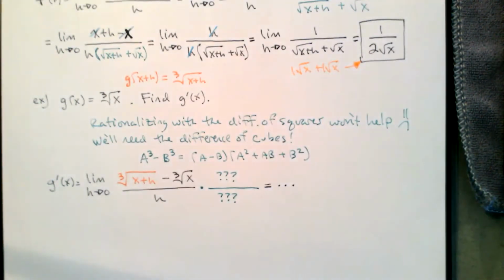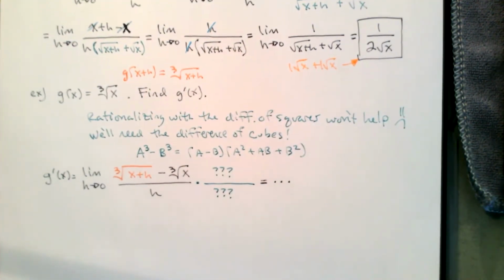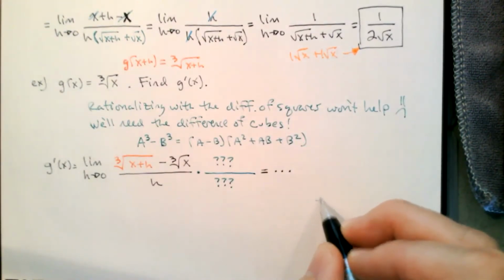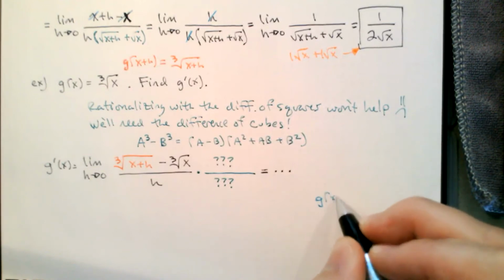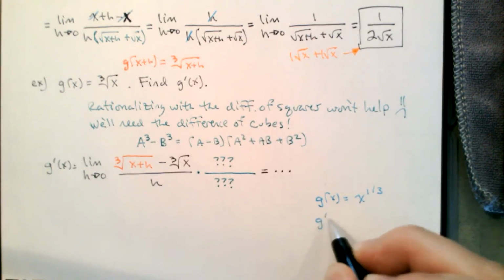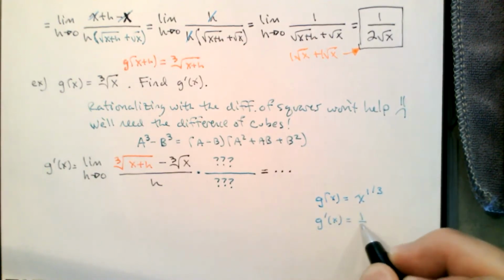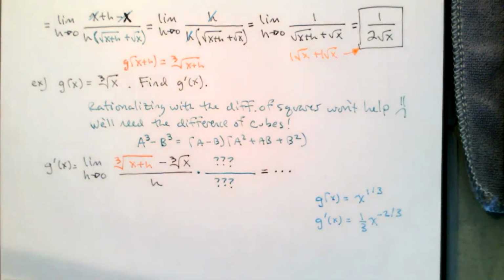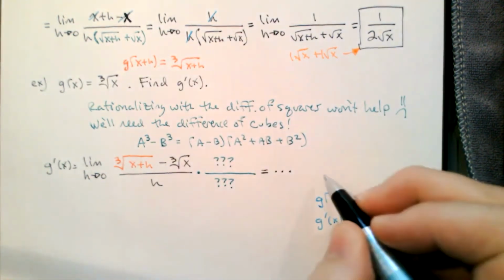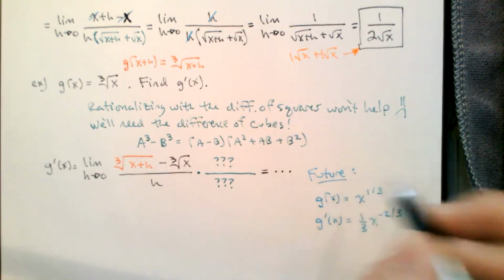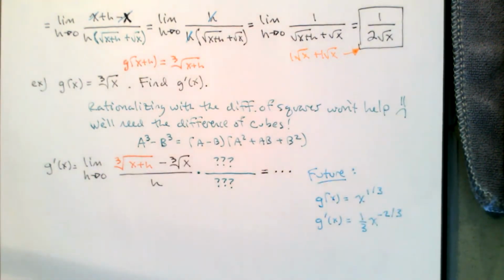Now, for those of you in the know, or for us in the future, if you ask your future self how to do this, your future self would say, look at g of x as x to the 1/3 power, and then just multiply by the exponent, then subtract 1 from the exponent. So your future technique will just be using that.